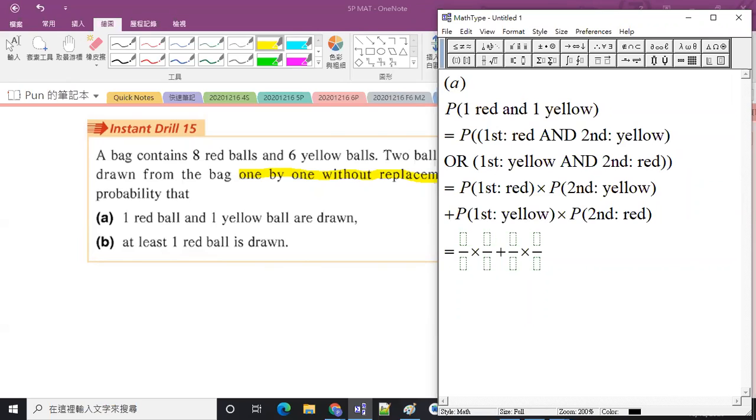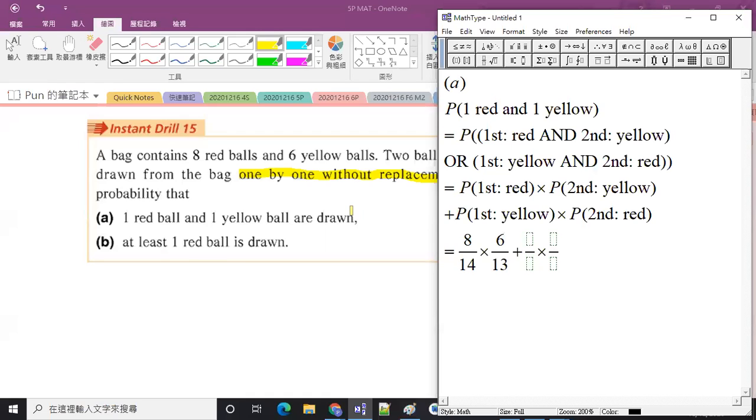Okay, for the first probability, first one is red. When we do the first selection, there are 14 options. Out of the 14 options, there are 8 red balls. Okay, but when we do the second selection, because the first red ball is already drawn and put away, then there will be only 13 options remaining. Among the 13 options, because the put away ball is a red ball, the number of yellow balls is still equal to 6. Right?